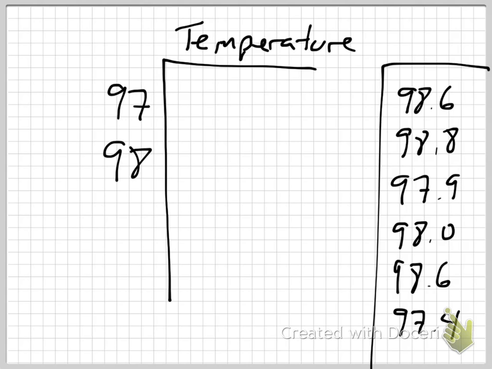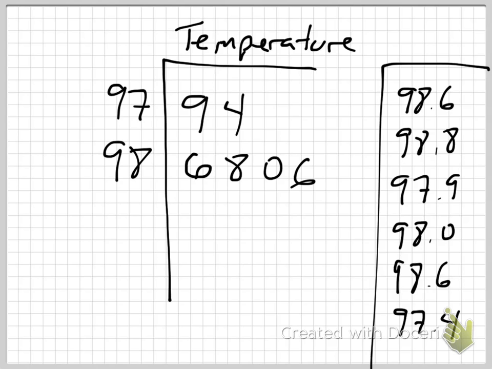That's the stem. The leaf is the part that is different. For example, this first one, 98.6, I would put a 6 here. That 6 represents 98.6. The next one, 98.8, I would put an 8 here. The next one, a 9. The next one, a 0. Then another 6, and then a 4.